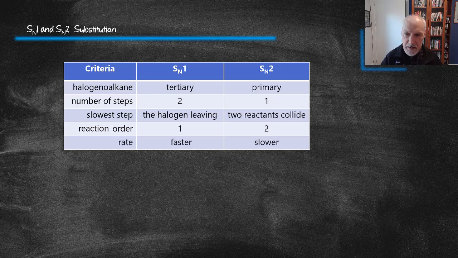And generally speaking, the SN1 reaction mechanism is faster. There are some other factors that affect the speed of the reaction. For instance, the nucleophile itself. If it possesses a negative charge, it will generally react faster than a molecular nucleophile. And finally, the strength of the carbon-halogen bond. The stronger it is, the slower the reaction.